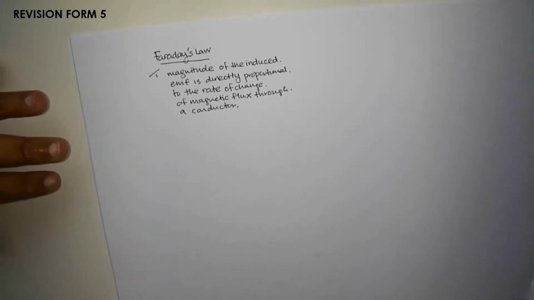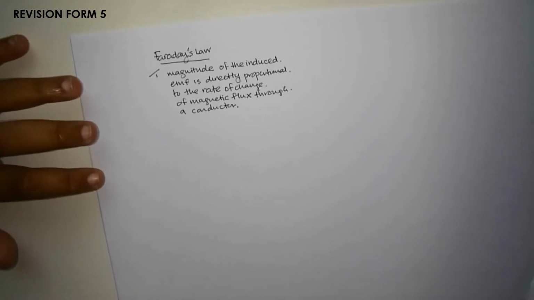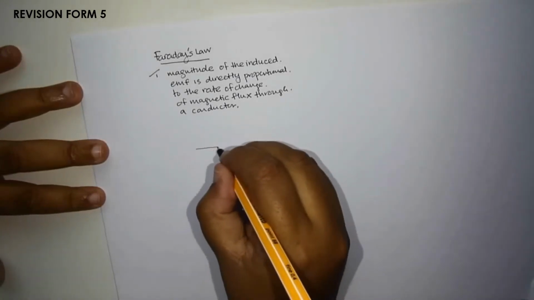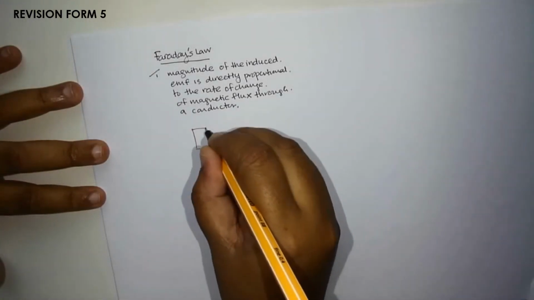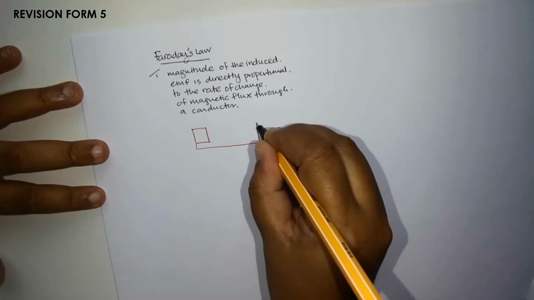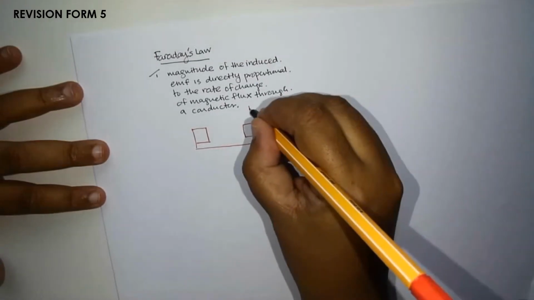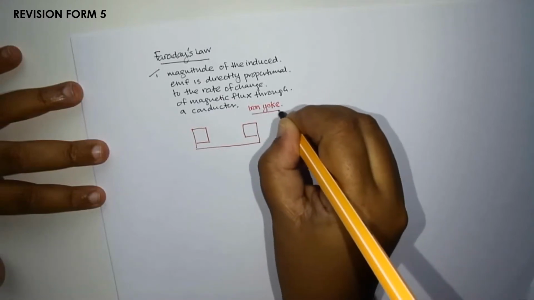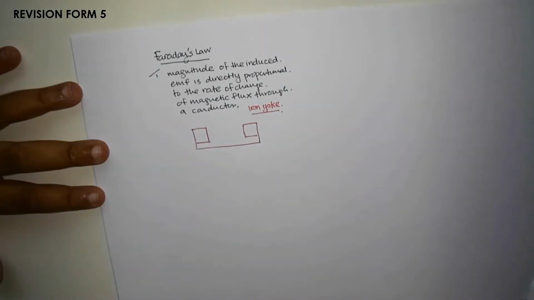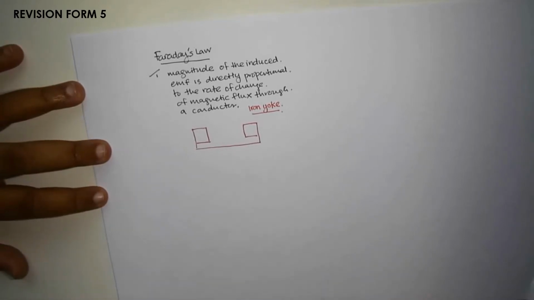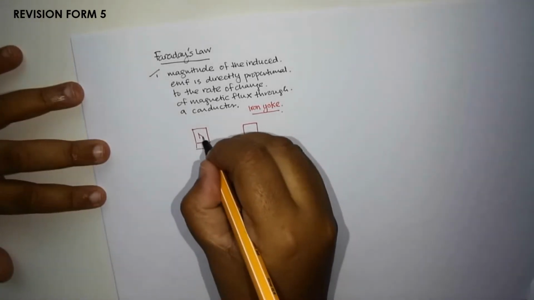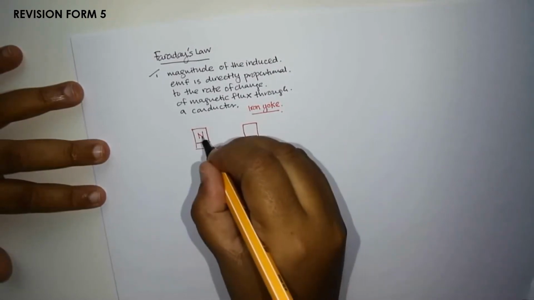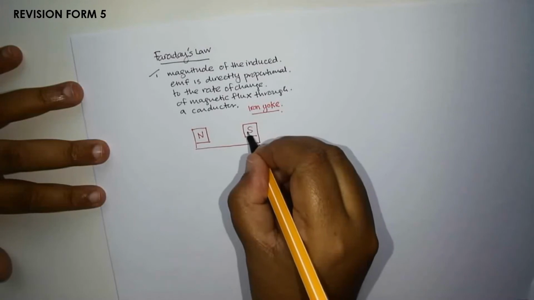So when you were studying in Form 5, you used this example. Let me draw the figure here. We had an iron yoke here. Here we have a permanent magnet, which is north here, and this is south.